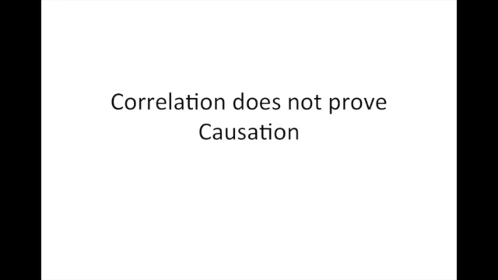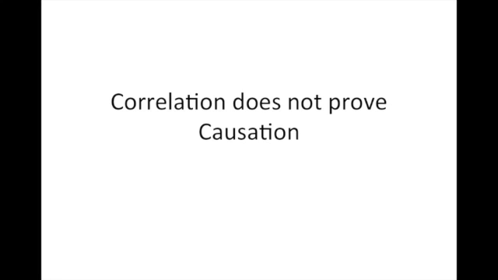Now, an important point to mention when discussing Pearson's R is that correlation does not prove causation. A very strong relationship between two variables does not necessarily mean one causes the other, and that's because it's possible that any such correlation could actually be due to the common influence of another variable.